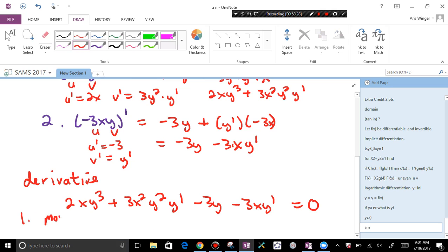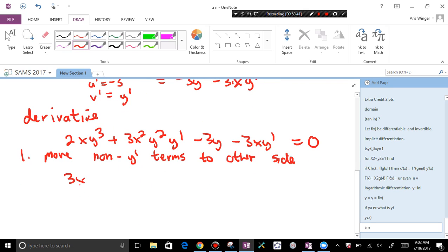So we'll move non-y prime terms to the other side. 3x squared y prime minus 3x y prime equals negative 2xy cubed plus 3y. And then we will factor out y prime.